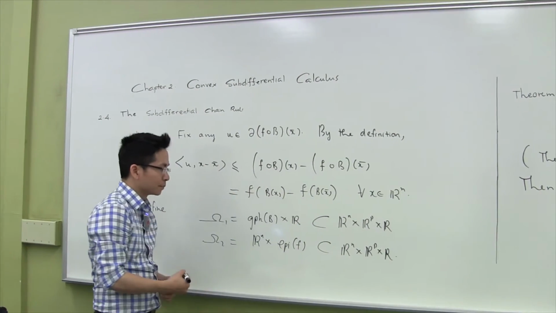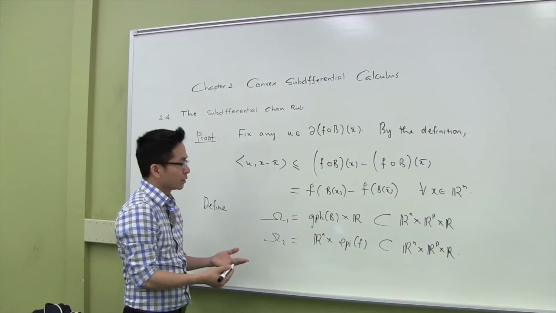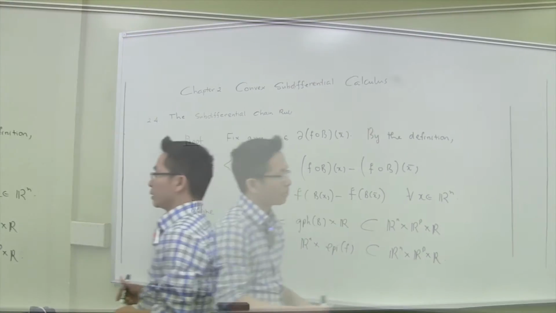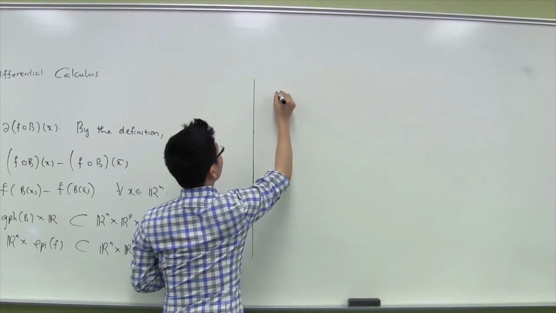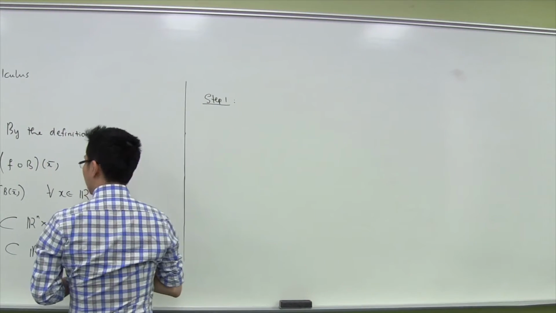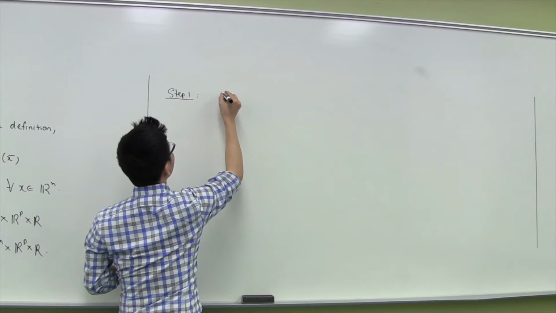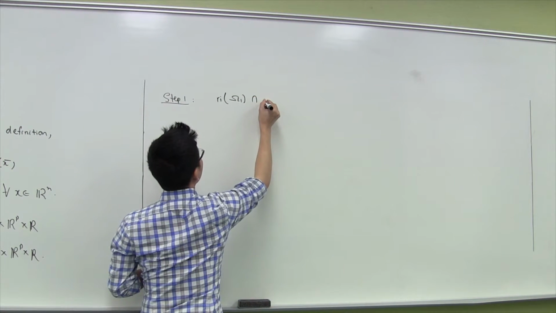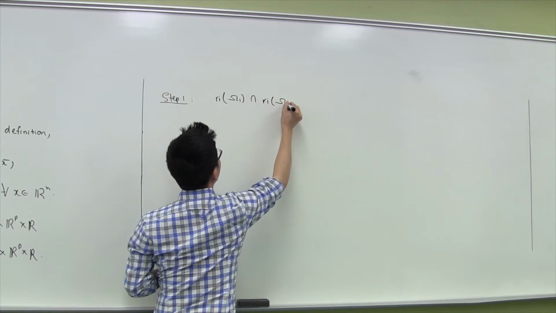Okay, let us divide the proof into several steps. In the first step, we will show that the relative interior of omega 1 intersects the relative interior of omega 2.